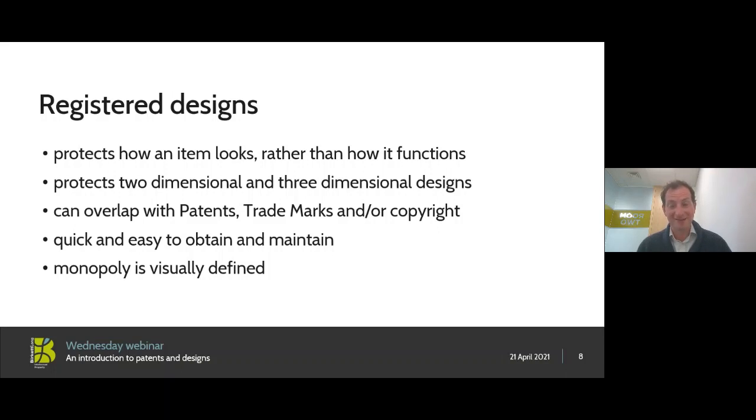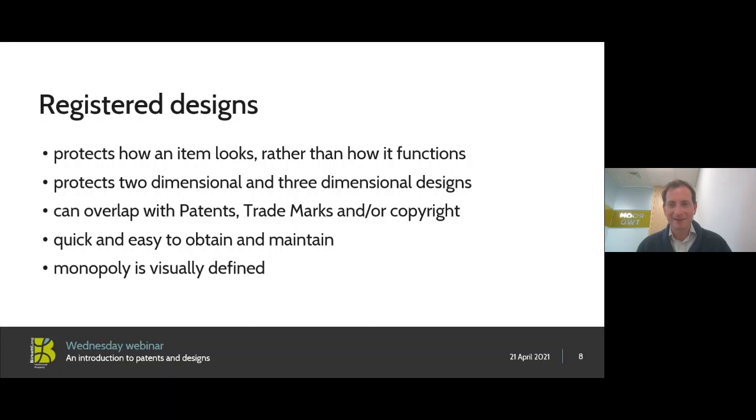Less so in the States because of the formal examination process. But in the UK or in Europe, we can usually get these things through to registration and through to you in about a week or 2 weeks. And so they can provide you with some quick provisional protection.